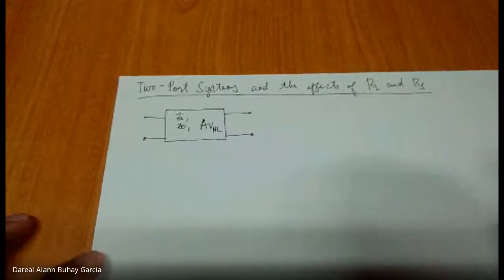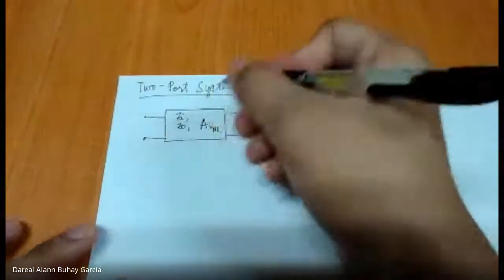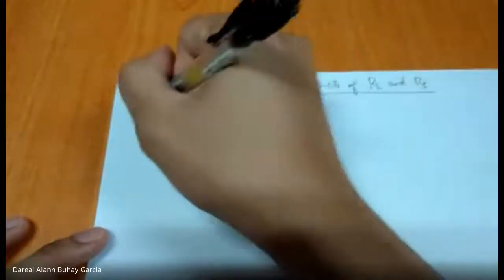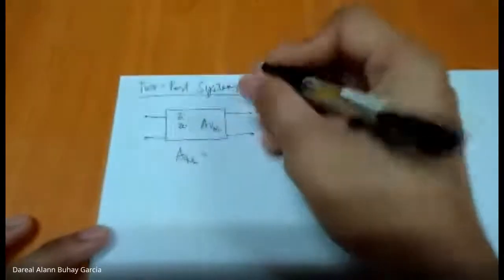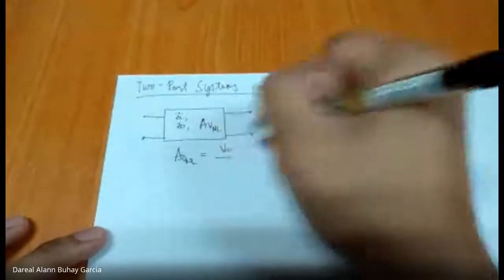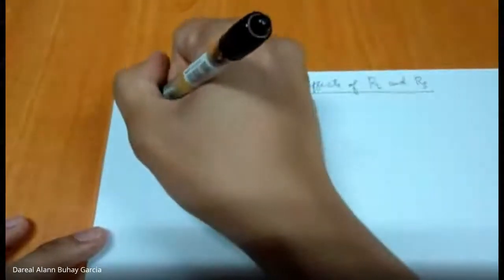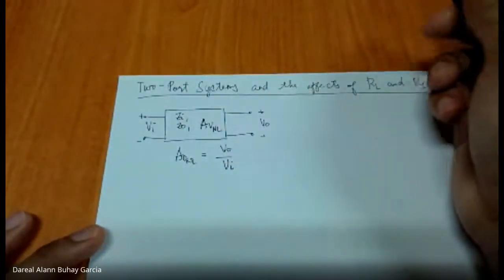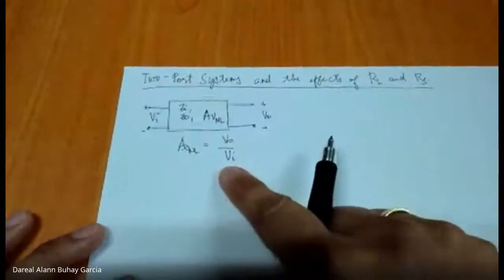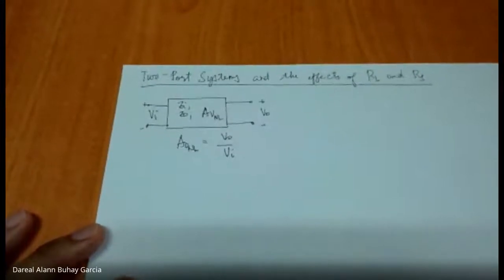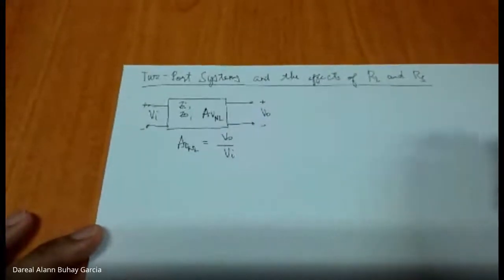AV NL is equal to the ratio of the output voltage over the input voltage, VI. Again, as in our question last time, this is common to all the formulas: AV NL is equal to VO over VI.